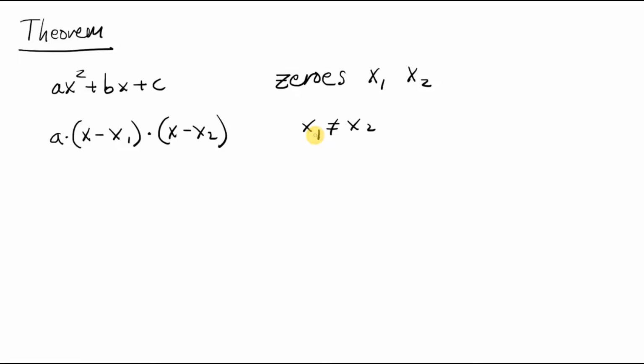Like this if the zeros are not equal. And like this if the zeros are equal. And if there are no zeros, you can't write it as a product of first degree polynomials, unless you go with complex numbers, but we don't study that here.